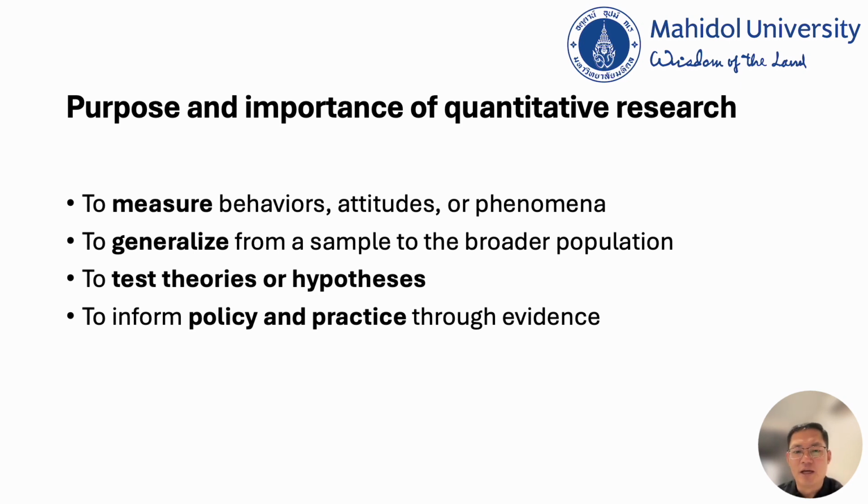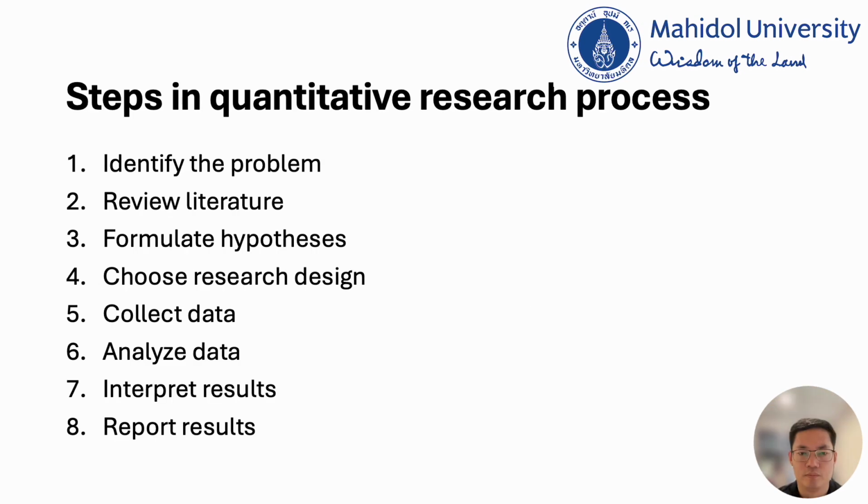Third, it enables researchers to test theories or hypotheses, either confirming or rejecting assumptions based on statistical evidence. And fourth, the findings can directly inform policy decisions or practical application, such as improving education programs, designing health interventions, or addressing social inequity.